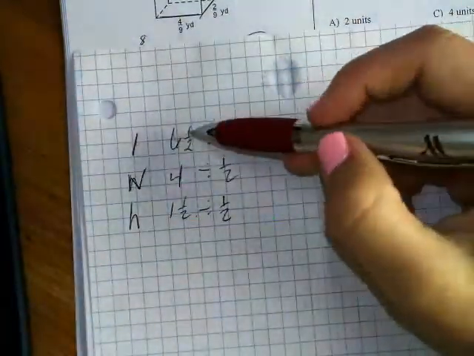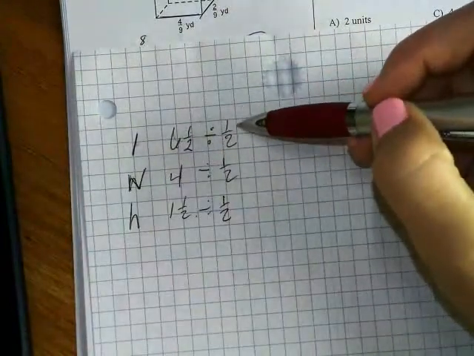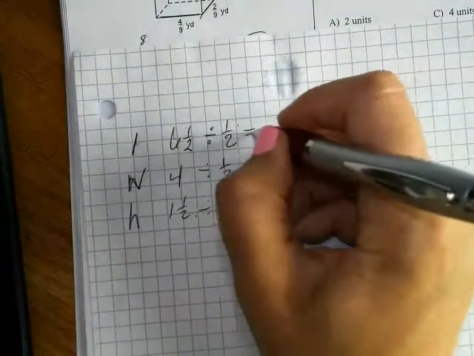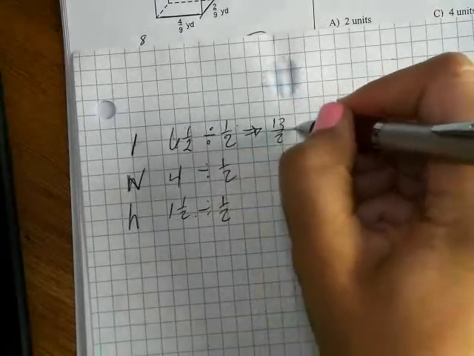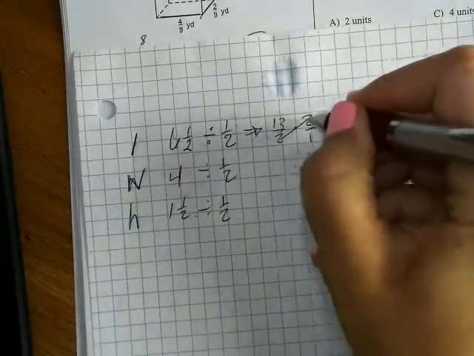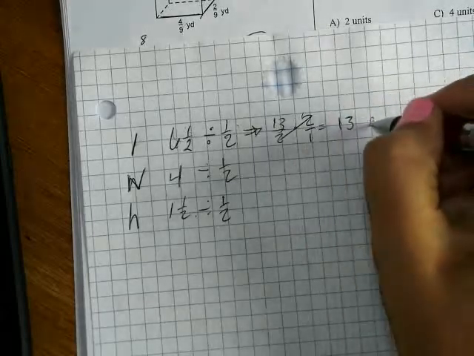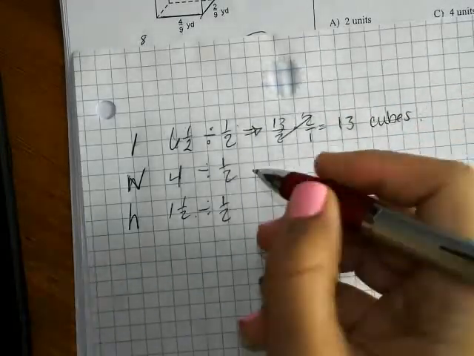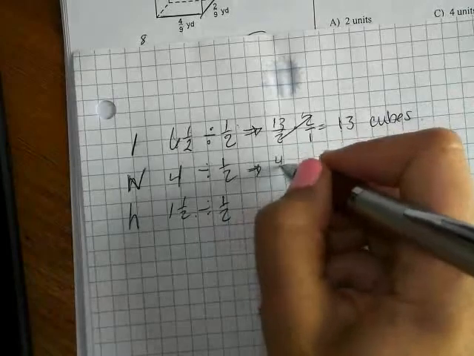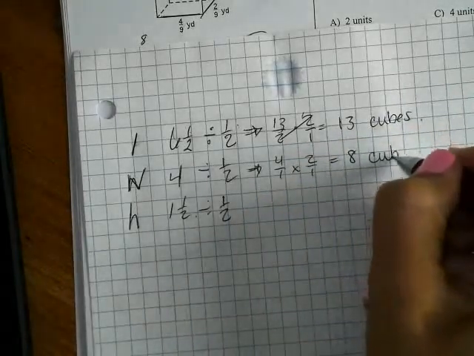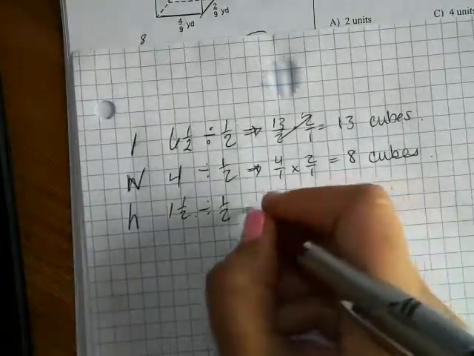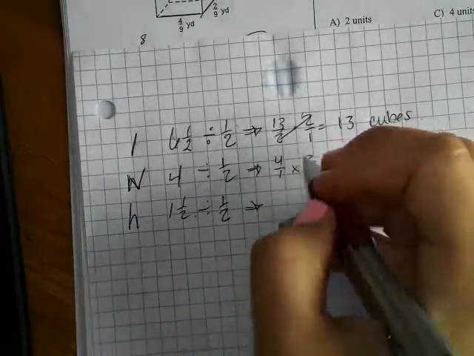when you take the length, and you divide it by the size of the cubes, that turns this to 13/2 times 2/1, which makes it 13 cubes. This makes here 4/1 times 2/1, which makes it 8 cubes. Oh, and I understand the reason behind this now.